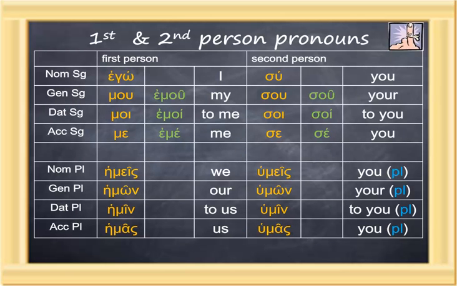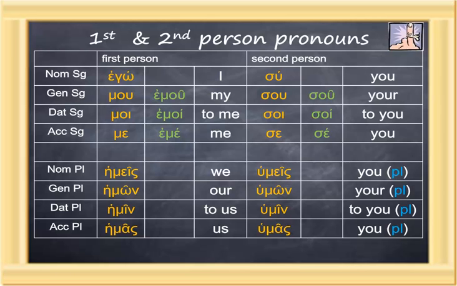In our last lesson, we learned the first and second person pronouns, the pronouns for I, we, and you. The chart is before you, and it doesn't hurt to review it as well. Remember, there's an alternate form for the first and second person singular pronouns.